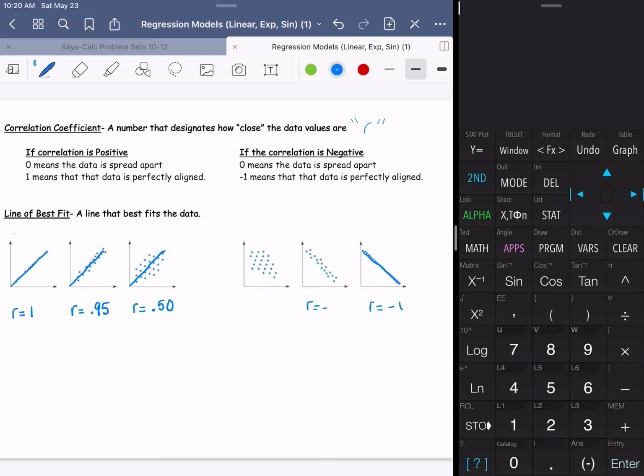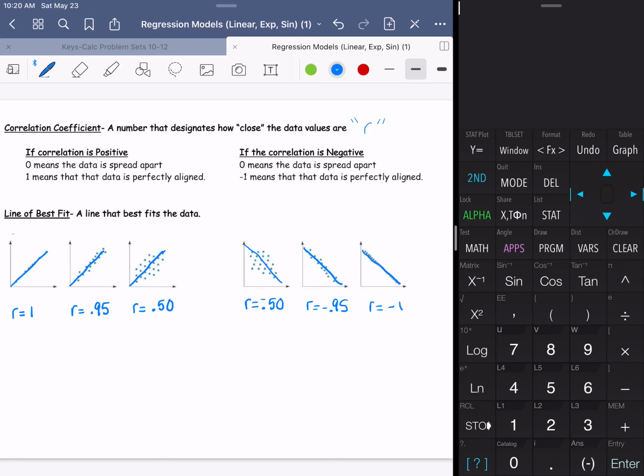This one I'll say is about -0.95, because if I draw that line through, it hits most of the points, but not all of them. And for the last one, my correlation coefficient would be about 0.50, but negative this time, -0.50. If I draw that line through, it hits some, but not all. So the smaller the correlation, the less aligned the data values are.